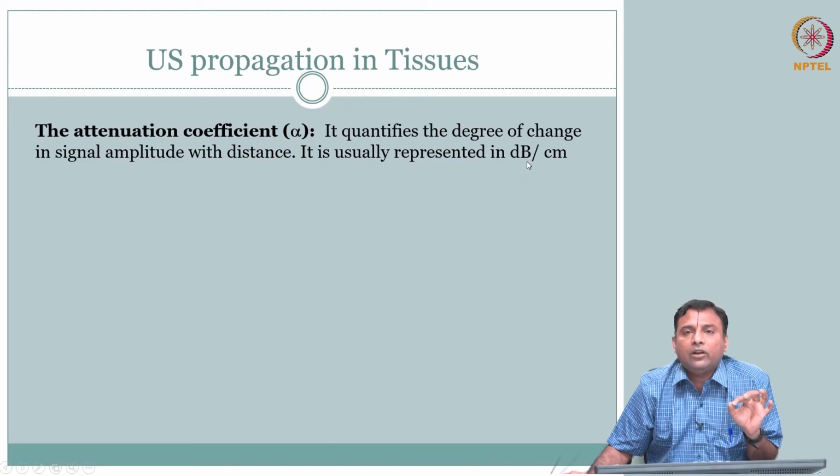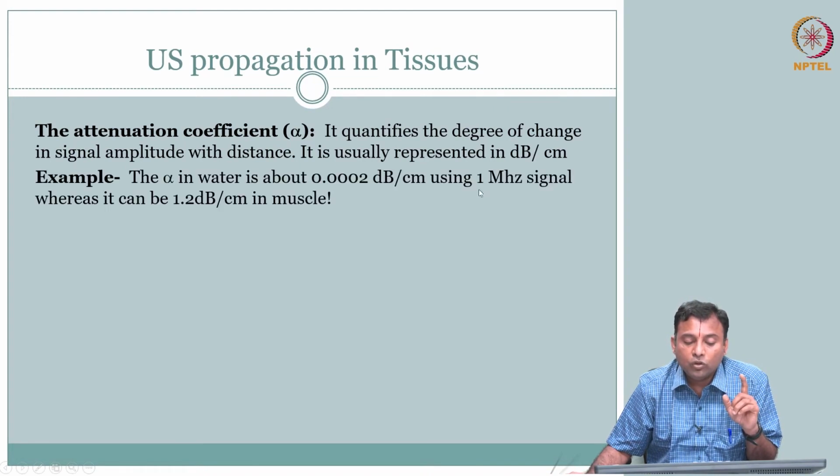Most commonly it is represented as decibel loss per centimeter, dB per centimeter. The alpha is dB per centimeter using a particular frequency.